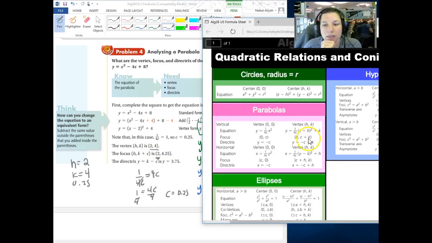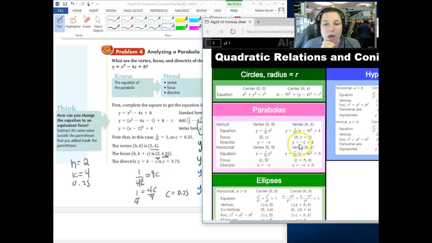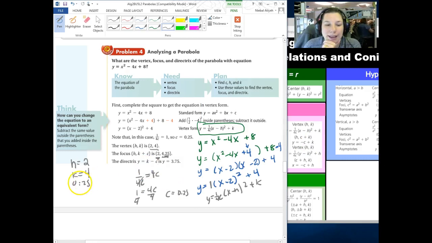And the y value is c plus k, so it's c, which was 0.25, plus k, which is 4. That's where this 4.25 comes from. And the directrix is y = −c + k. So negative c is −0.25 plus k, which is 4, so that's how they get 3.75.